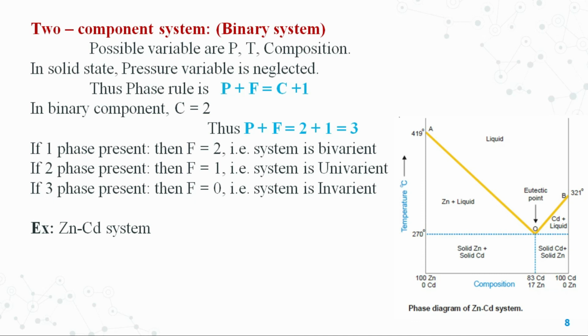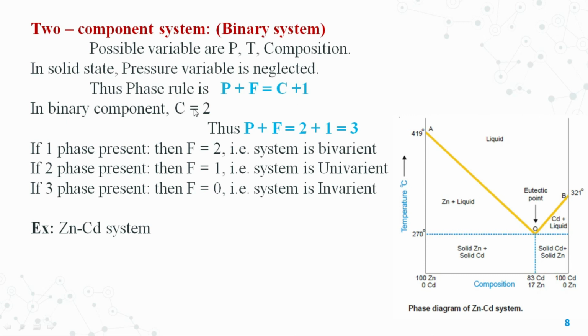The second one is the two component system, or binary system. The possible variables are temperature, pressure and composition. But in the case of solid state, the pressure variable is neglected. Thus, the phase rule will be P plus F equal to C plus 1.